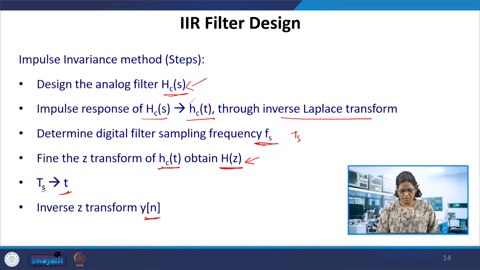Once we have this equation, we can have the coefficients of A and B that can be used in the Verilog module, like what we have done in the FIR filters. The Verilog module can be developed with these coefficients, and especially we could see in H(z) that there is a feedback structure involved.